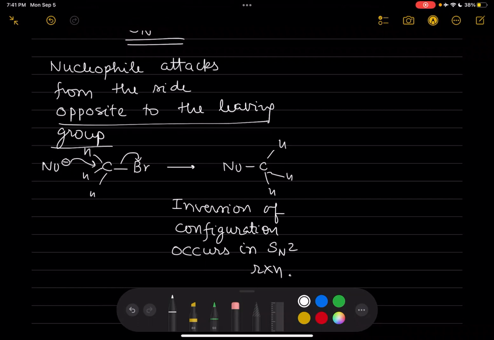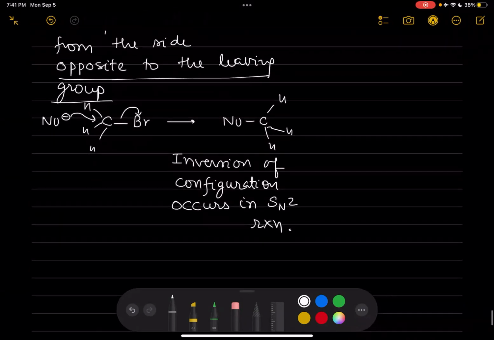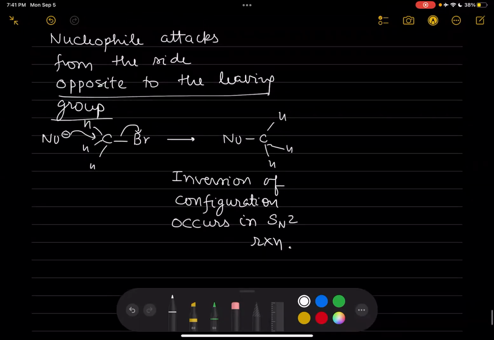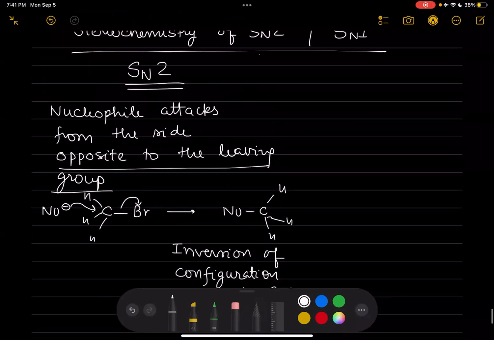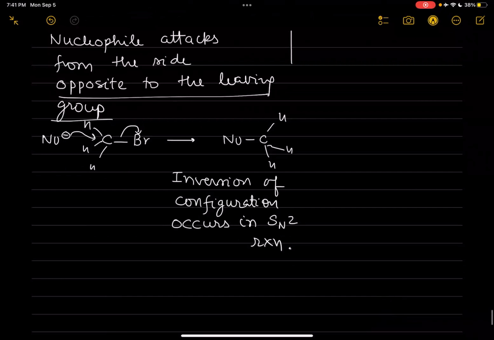And if it does, the three bonds which are neither nucleophile nor leaving group turn to the opposite side like this. So inversion of configuration takes place. This is known as Walden inversion.